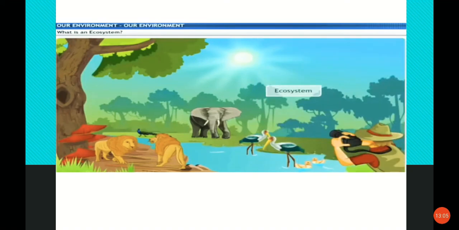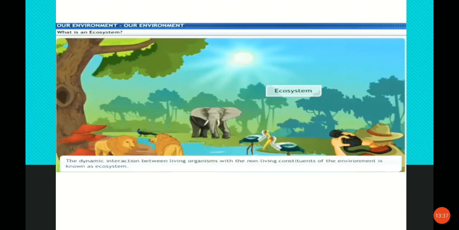An ecosystem is a place where living organisms and the non-living components of the environment interact with each other. All organisms, such as plants, animals, microorganisms, and human beings, as well as the physical surroundings, interact with each other and maintain a balance in nature.